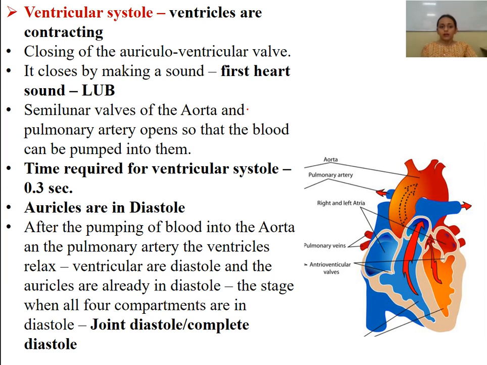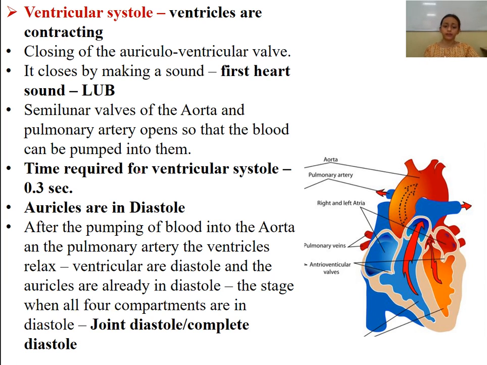Now, the auriculoventricular valves are closing, and at the same time the semilunar valves of the aorta and the pulmonary artery open. So this is the pulmonary artery and this is the aorta of both the ventricles. The valves open, that means the blood can be pumped into these two main arteries, the aorta and the pulmonary artery.